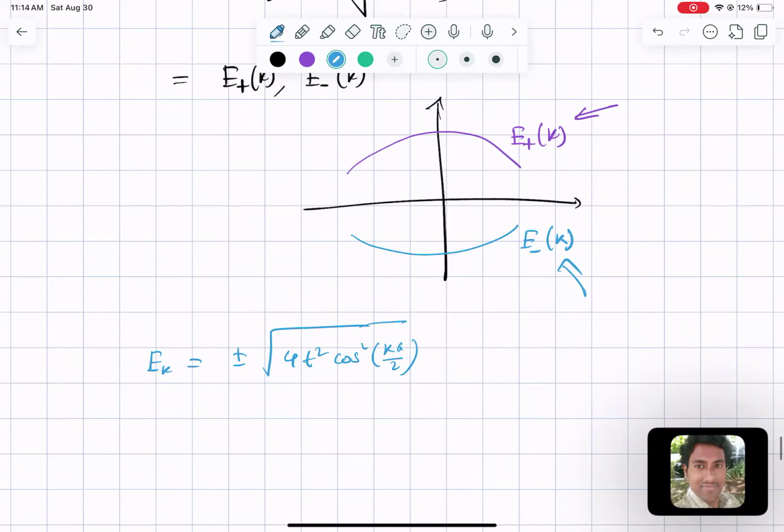So that's how we get the sign flip. This is like cosine, and if you multiply by minus 1, we get the valence band.